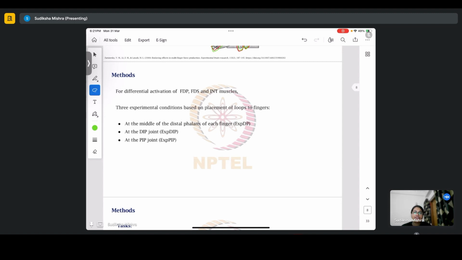To differentially activate the three muscle groups, there are three experimental conditions based on the placement of the loops.